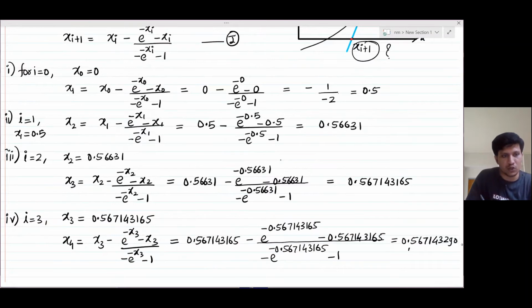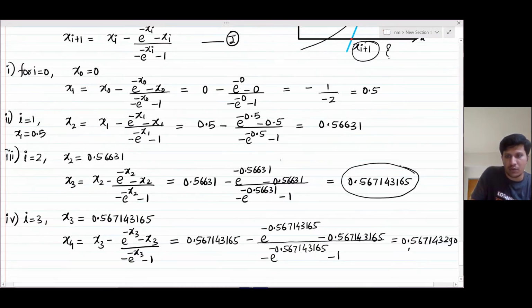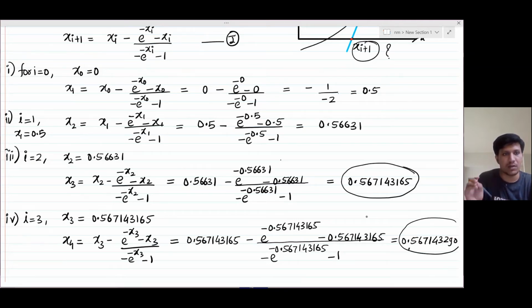We stop the iteration when the estimated root values are nearly the same or not changing too much. Then we stop, and this is your answer to the root, that is your final answer in the Newton-Raphson method.